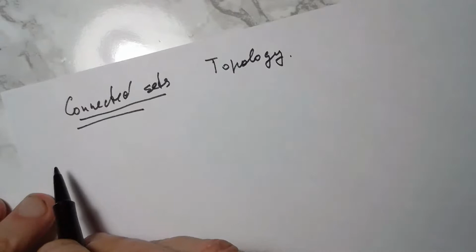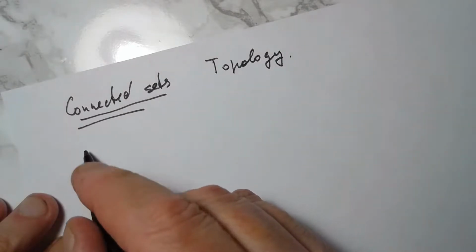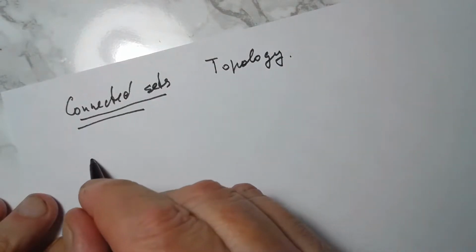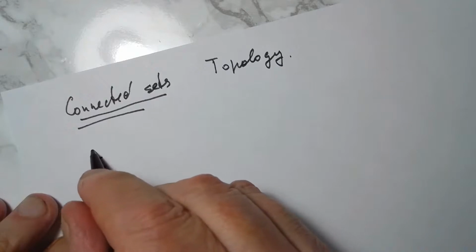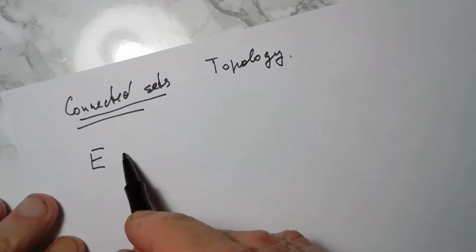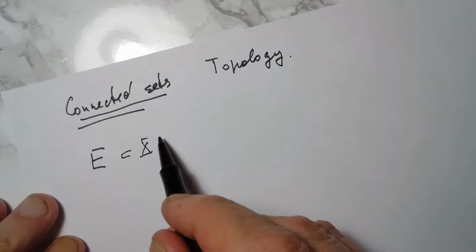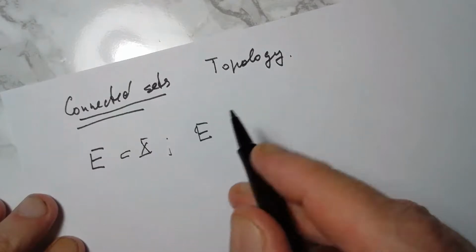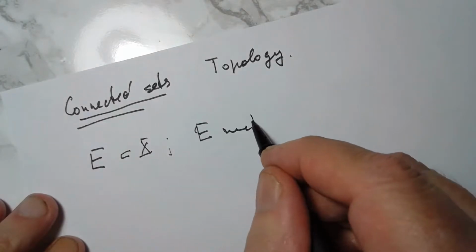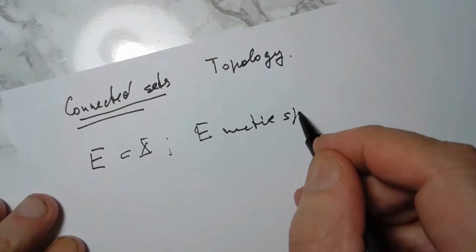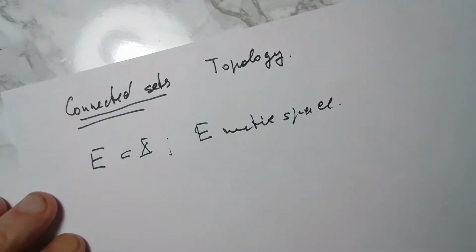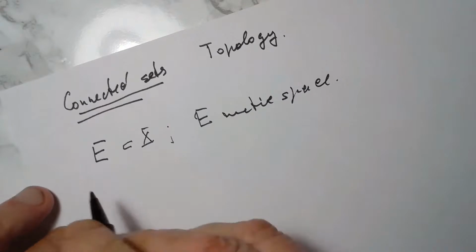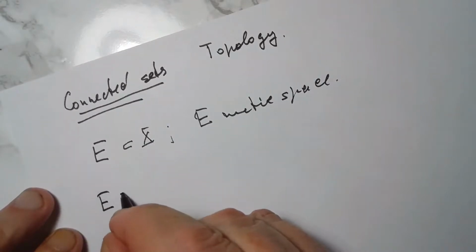And if you study topologies, very often they talk about that set E, but I'm not thinking of it as a subset of a metric space X. I'm thinking of E itself being a metric space, or more general topological space. And in that case, E is connected.